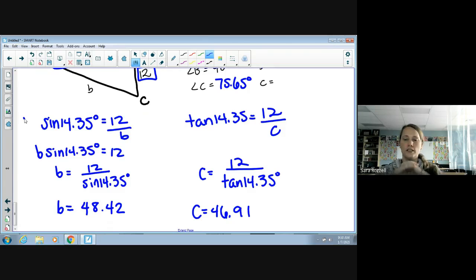So you use your trig ratio to set up your equation, and then you solve for your variable, and then put that in the calculator.